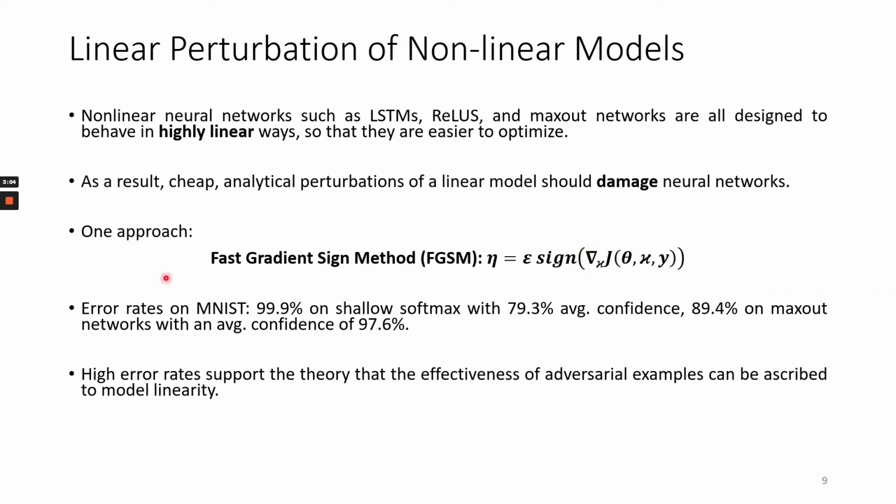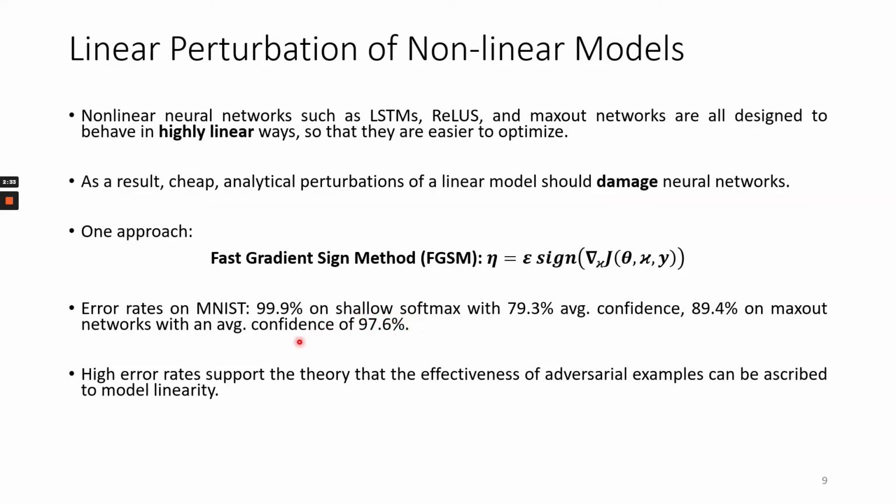So when the adversaries are generated using this method and run on this dataset, we can see that for a shallow softmax network, almost 100% of the adversaries are misclassified with an average confidence of almost 80%. Whereas for a maxout network, we can see that 89.4% of the images are misclassified with an average confidence of 97.6%, which is very high.